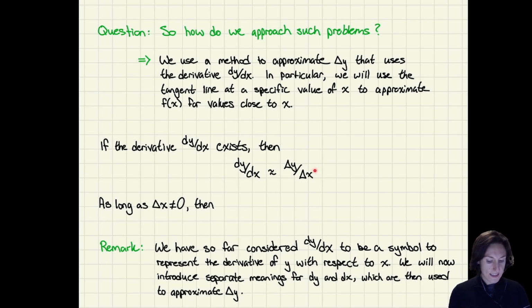So as long as this delta x, the denominator, is not equal to 0, then the change in y roughly can be approximated by, if you think about isolating this delta y, whatever the derivative is, and then times that little change, delta x. So delta y can approximately be equal to whatever the derivative is, times the change of x.